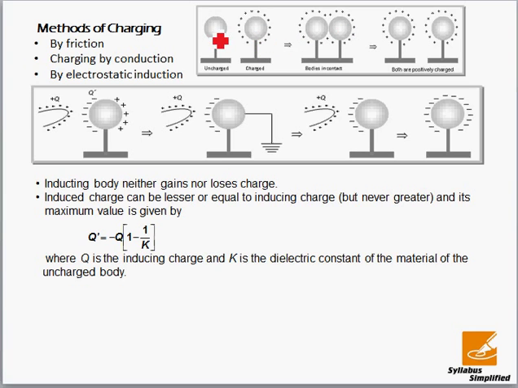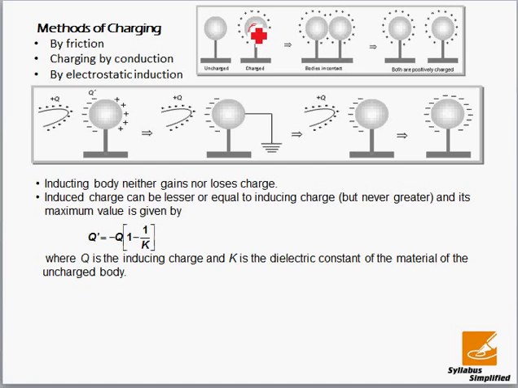Now if we touch it to the uncharged body, it will try to take free electrons from the uncharged body, for which the uncharged body will lose electrons which will go into the positively charged body, and when we separate them, both will have positive charges, but now the positive charge of both the bodies will be half of the positive charge which the charged body had initially.